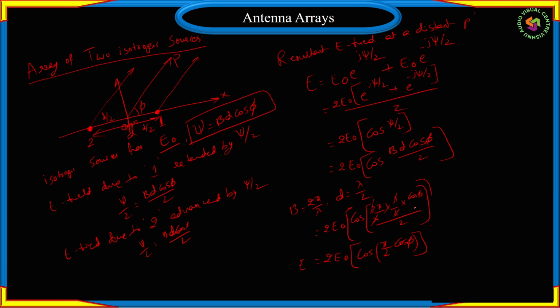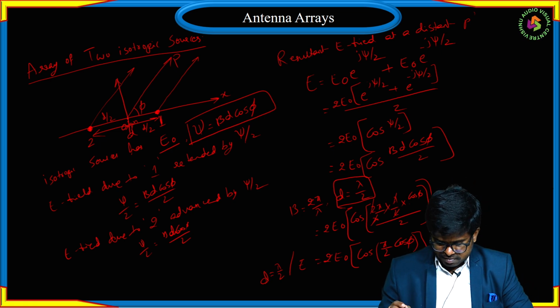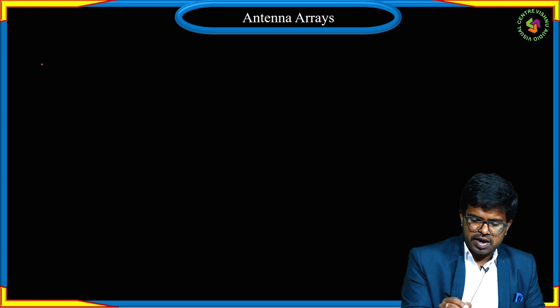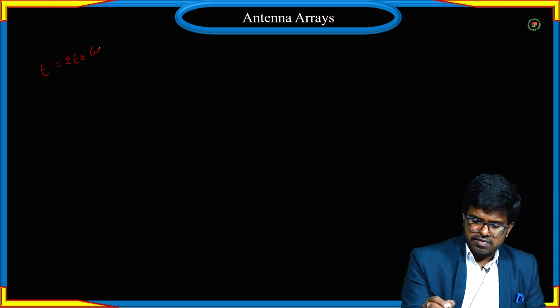Then this is your resultant field equation for a distance of d equal to λ/2. Here we got the equation E equal to 2 E0 cos((π/2) cos φ).